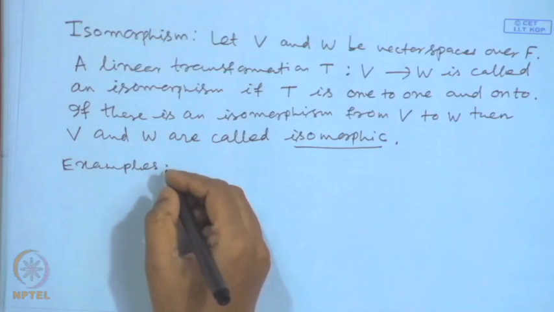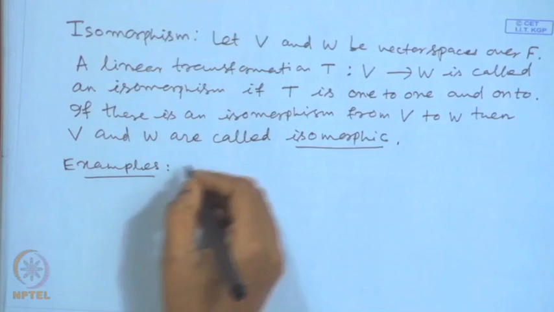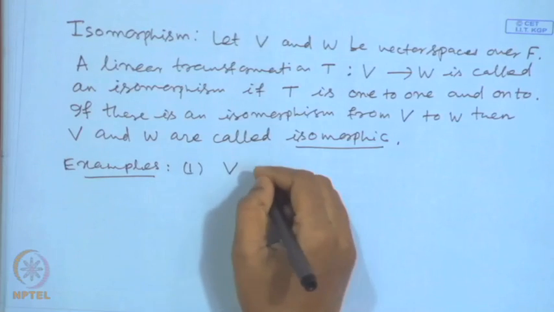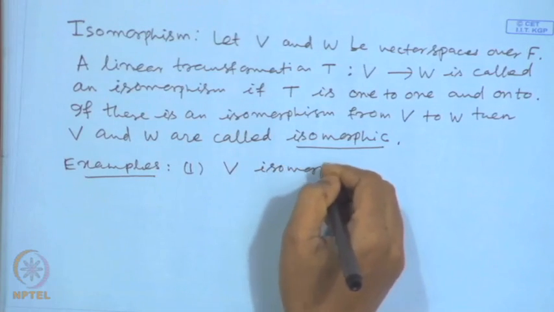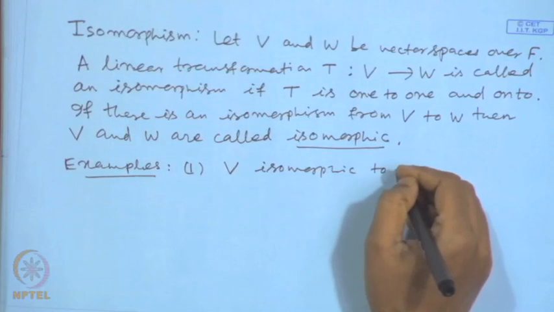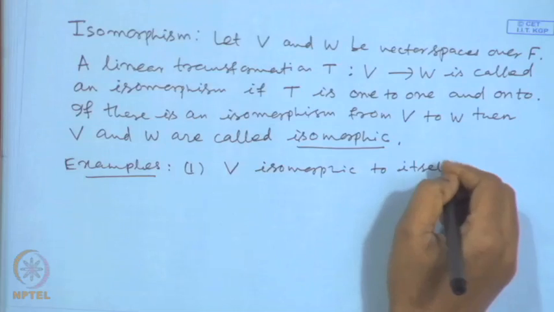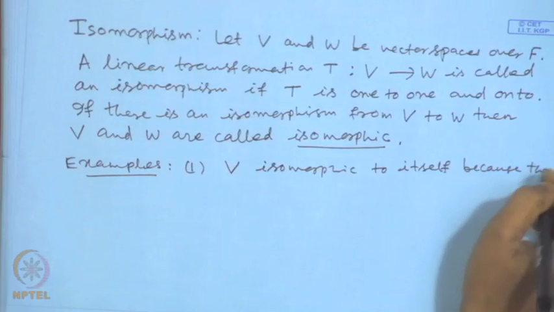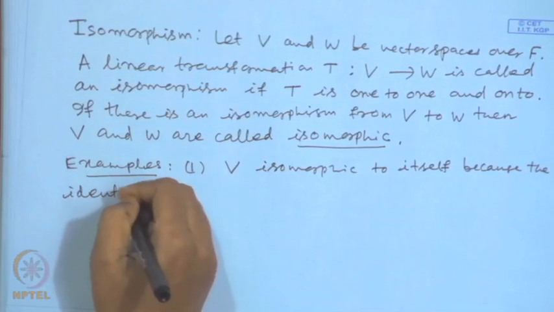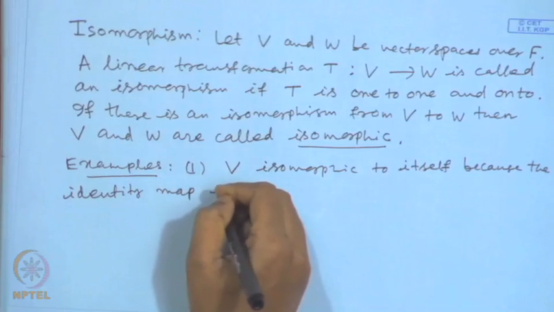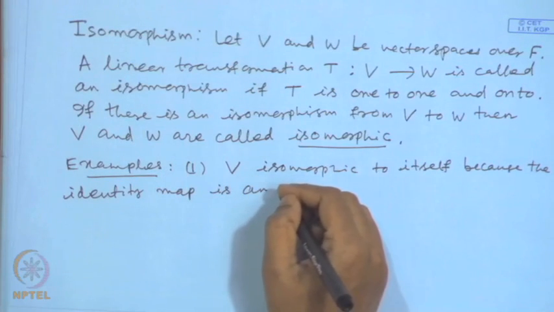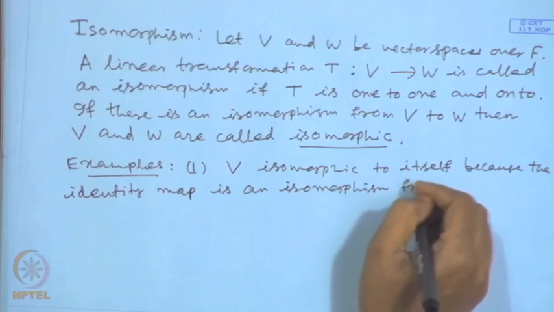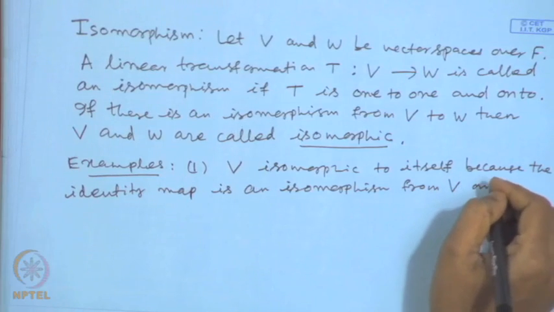The first is that V is isomorphic to itself, because the identity map is an isomorphism from V onto itself.